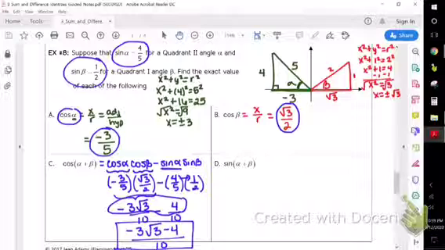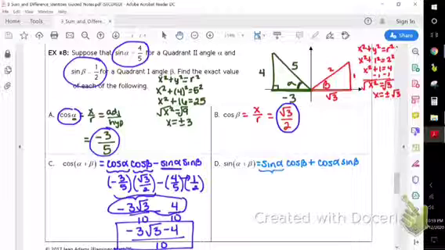Now let's look at D. D wants sine of alpha plus beta. We're doing the same thing, just a different formula. Sine of alpha plus beta is sine of alpha times cosine of beta, plus cosine of alpha times sine of beta.